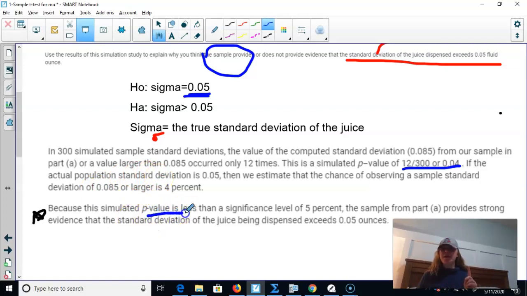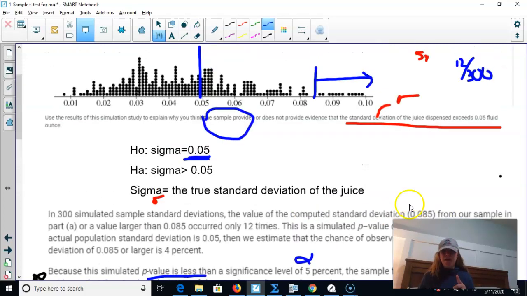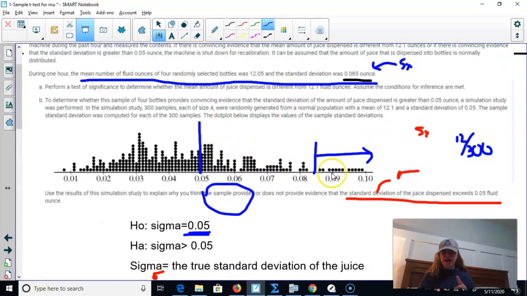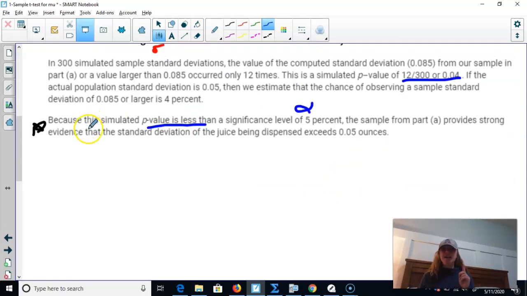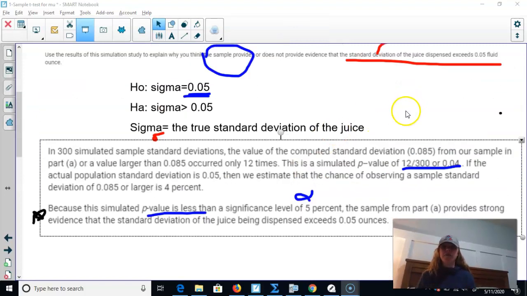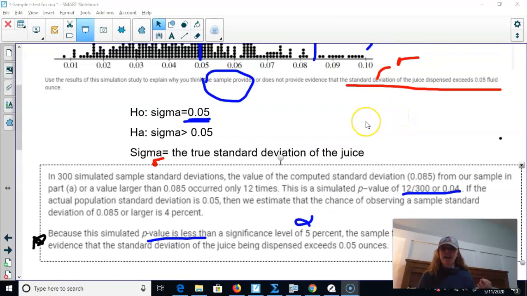Because the simulated p-value is less than the significance level of 5%, 0.05, this sample provides strong evidence that the standard deviation of the juice being dispensed exceeds 0.05. In other words, because our p-value is less than alpha, we reject the null hypothesis, and we have evidence for the alternative hypothesis that the true standard deviation of the juice being dispensed is greater than 0.05. That part was a review.